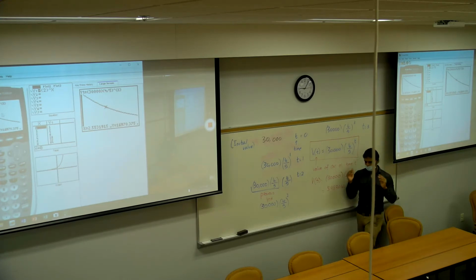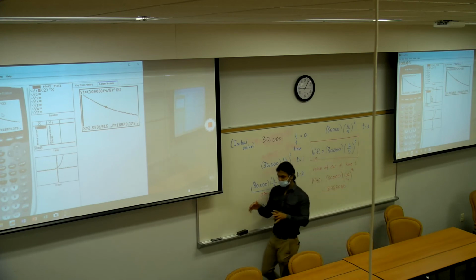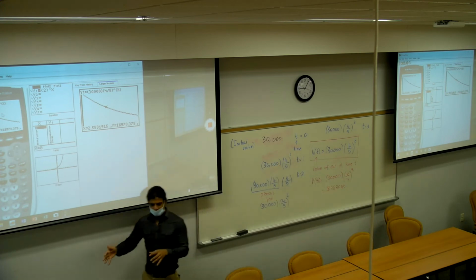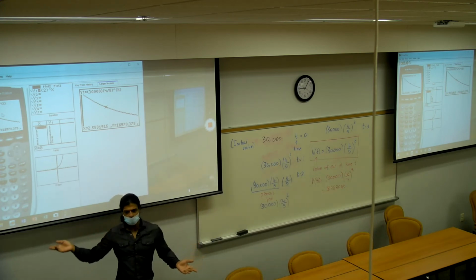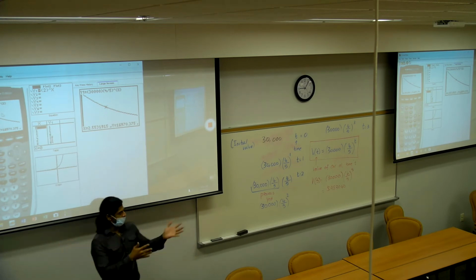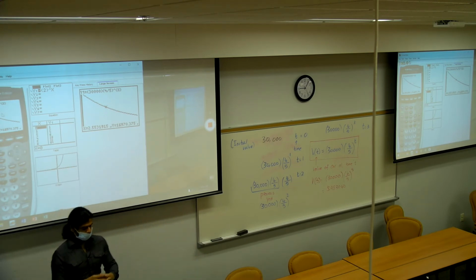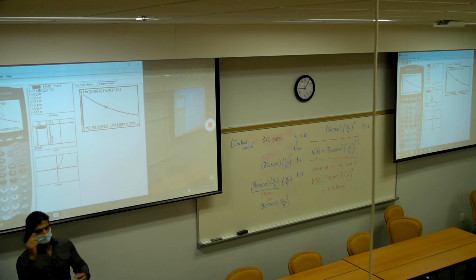You may say, I would like to know what this price would be a year and a half from now. I could simply plug in 1.5. Or 2 years and 4 months, I could simply do 2.25, and I can keep on plugging in any value.